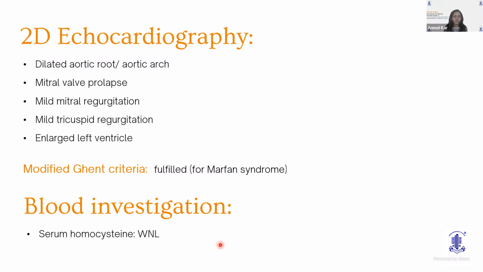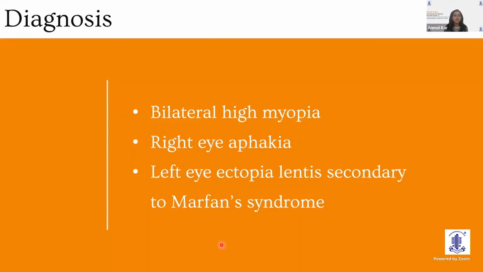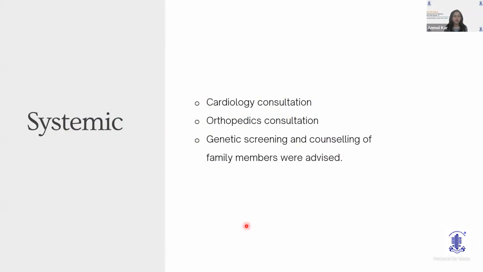On blood investigation, we did serum homocysteine level, which was within normal limits. So we diagnosed the case as bilateral high myopia with right eye aphakia and left eye ectopia lentis secondary to Marfan syndrome. Coming to the management, the systemic management is important. The cardiology consultation was done and the proper medications were started, and cardiology clearance for surgery was also taken.